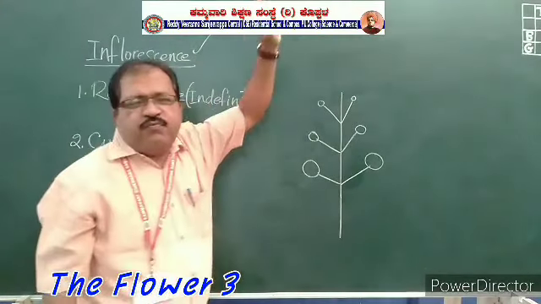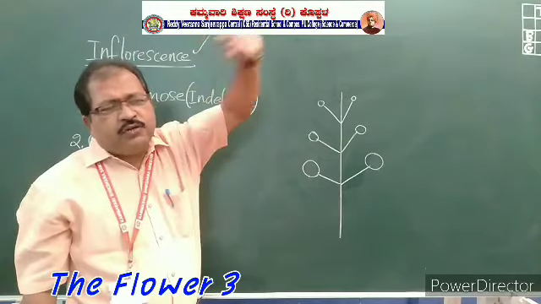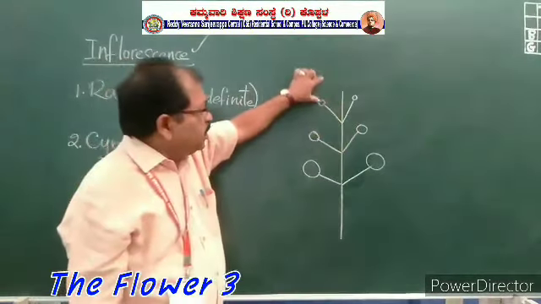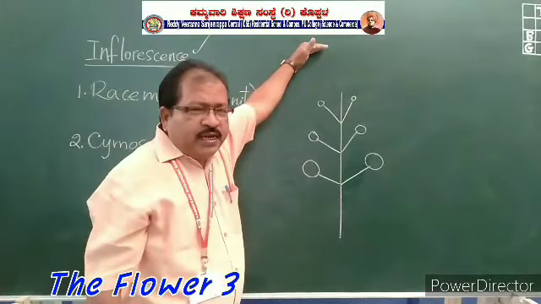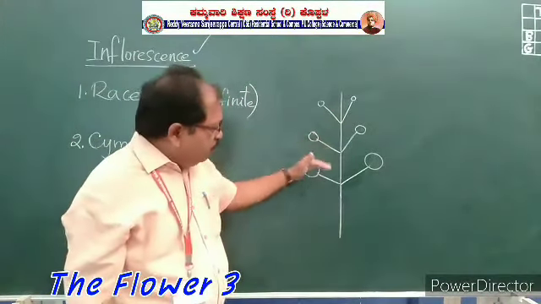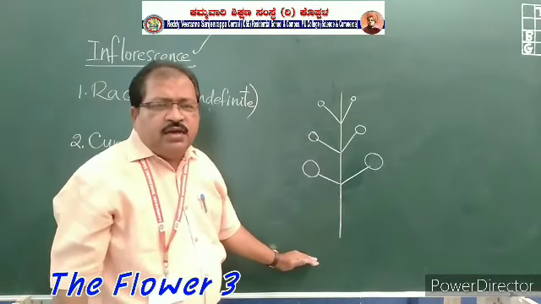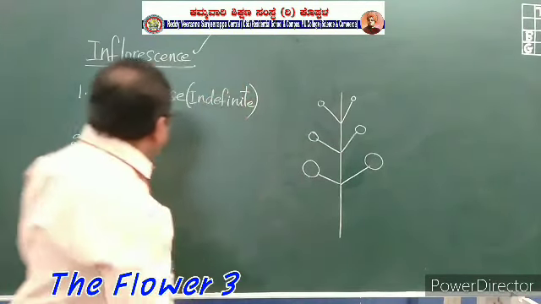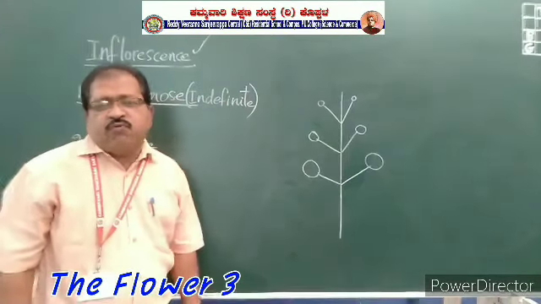There is no stop for the growth of this shoot apex. It will keep growing, and the flowers are produced on both sides. The new flowers will be upward and the old flowers downward. This condition of the inflorescence is called racemose inflorescence or indefinite inflorescence.